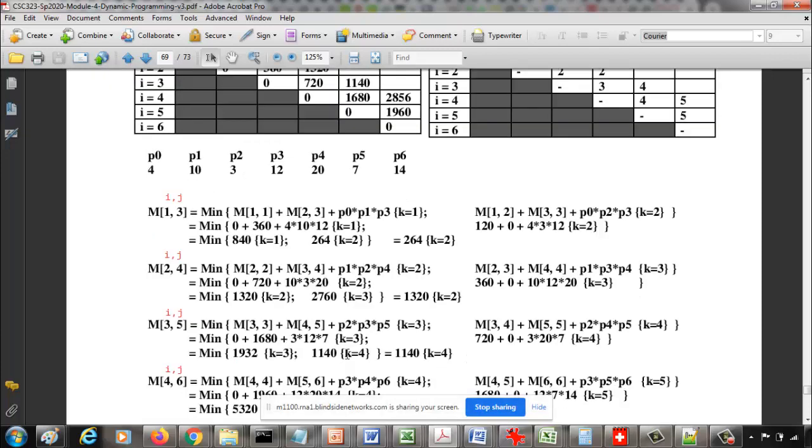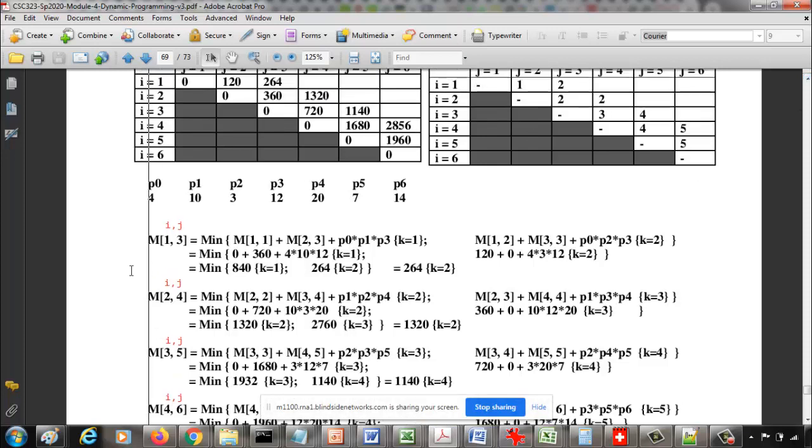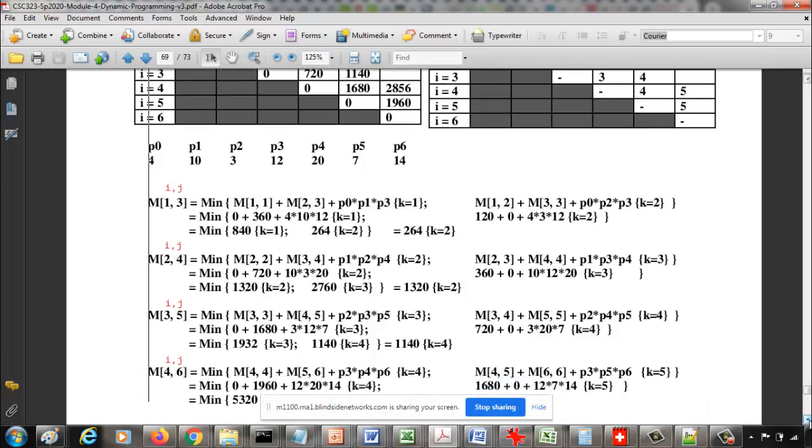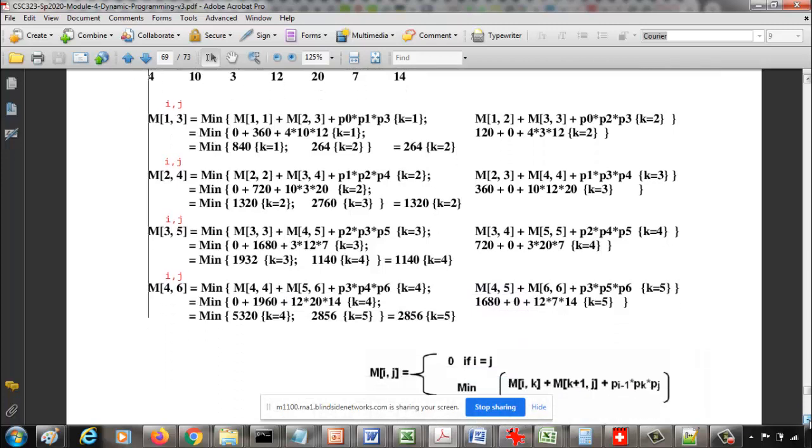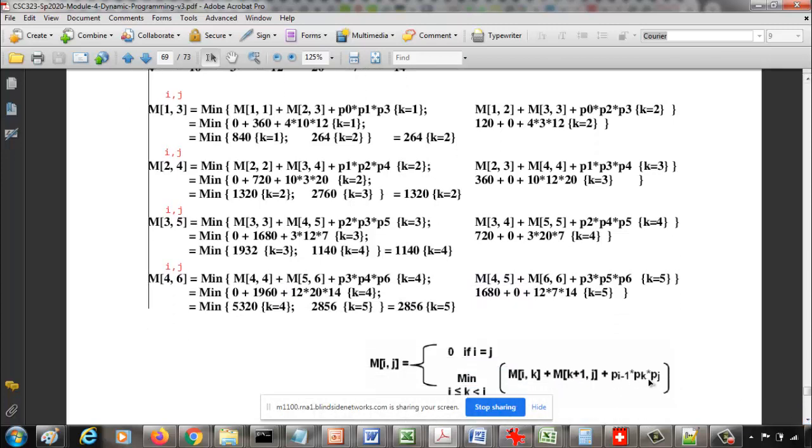Now for spread of 2, we have two possible K values for each case. Let's say M of 1 comma 3 means K can be either 1 or 2. If K is 1, the recurrence is M of i comma k plus M of k plus 1 comma j plus Pi minus 1 times Pk times Pj.